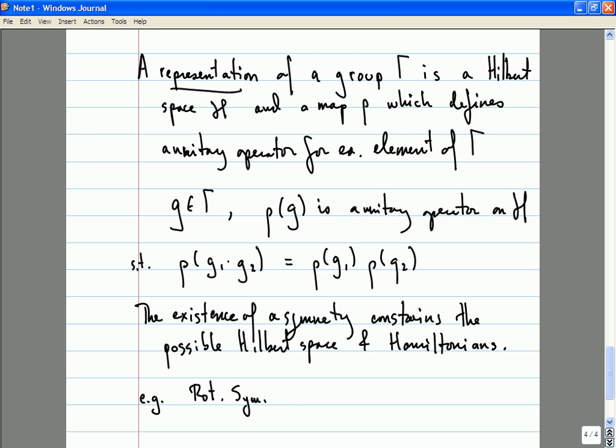And if you do that, you'll find that there are an infinite number of possible such Hilbert spaces that are labeled by a number j, typically referred to as the spin of the representation, and that this j is a half integer. So the existence of a rotation symmetry implies that the possible spin of an object is half integer.